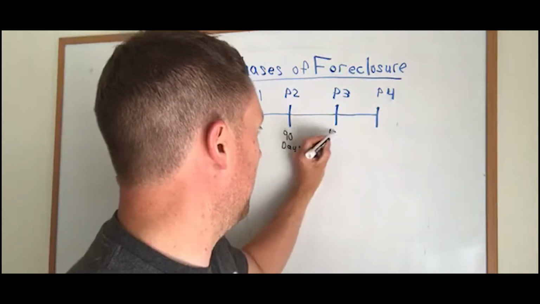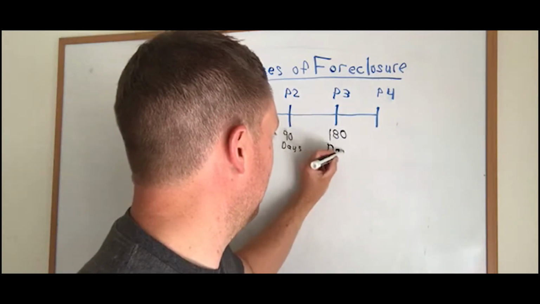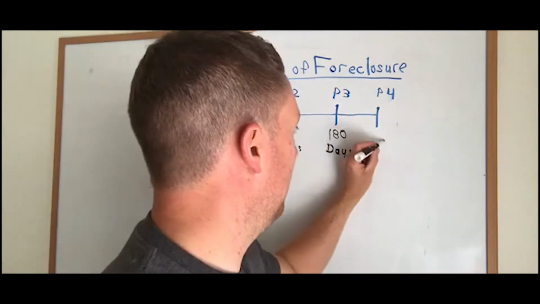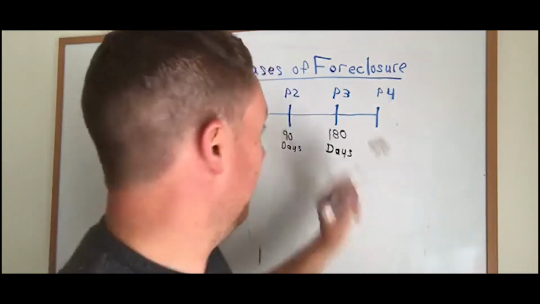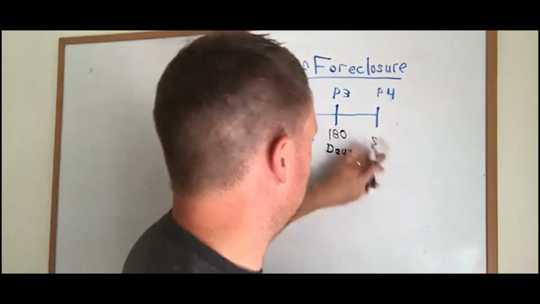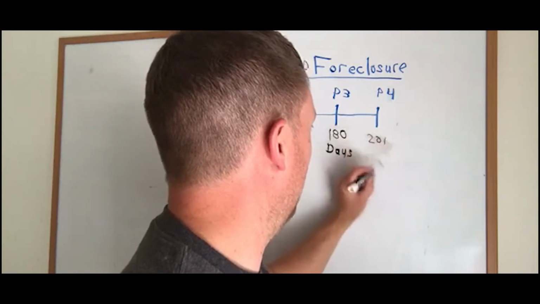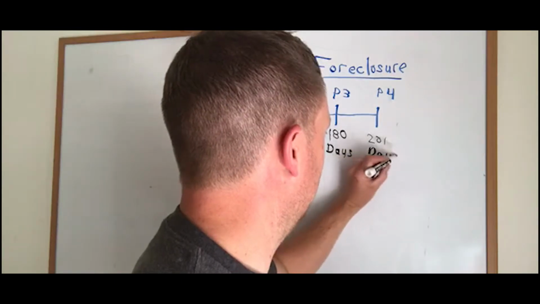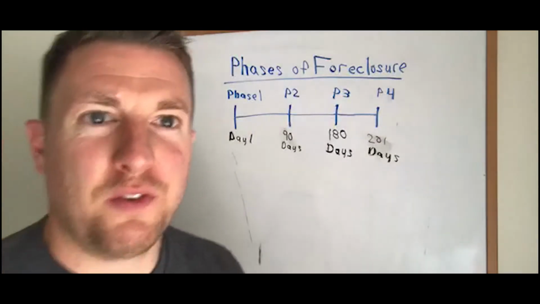This is 180 days. And then this would be, oh crap, I'm doing it again. Nope, still wrong. 201 days. So these are the different phases here.